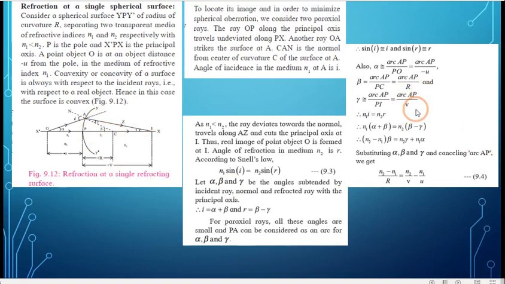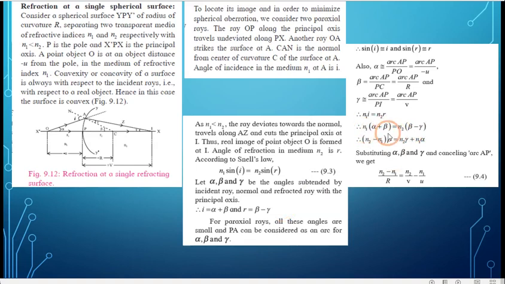Now we have the equation mu1 I is equal to mu2 R. The value of I is alpha plus beta. The value of R is beta minus gamma. Let's substitute these values. Mu1 into alpha plus beta is equal to mu2 into beta minus gamma.